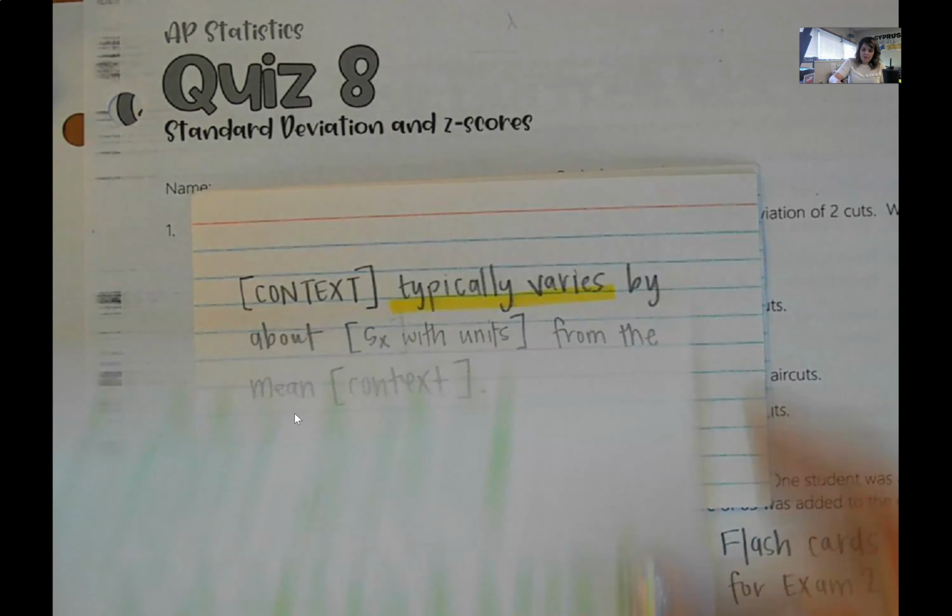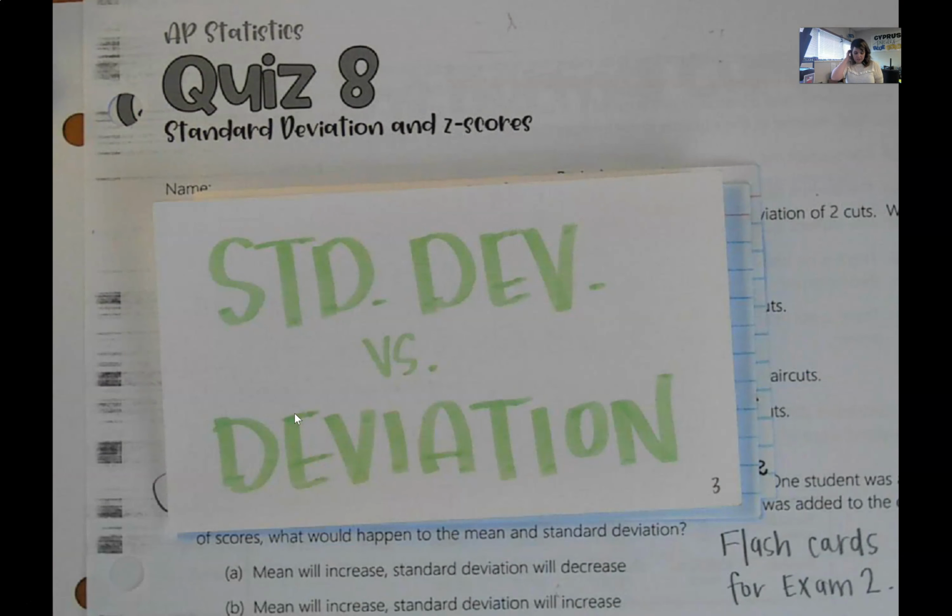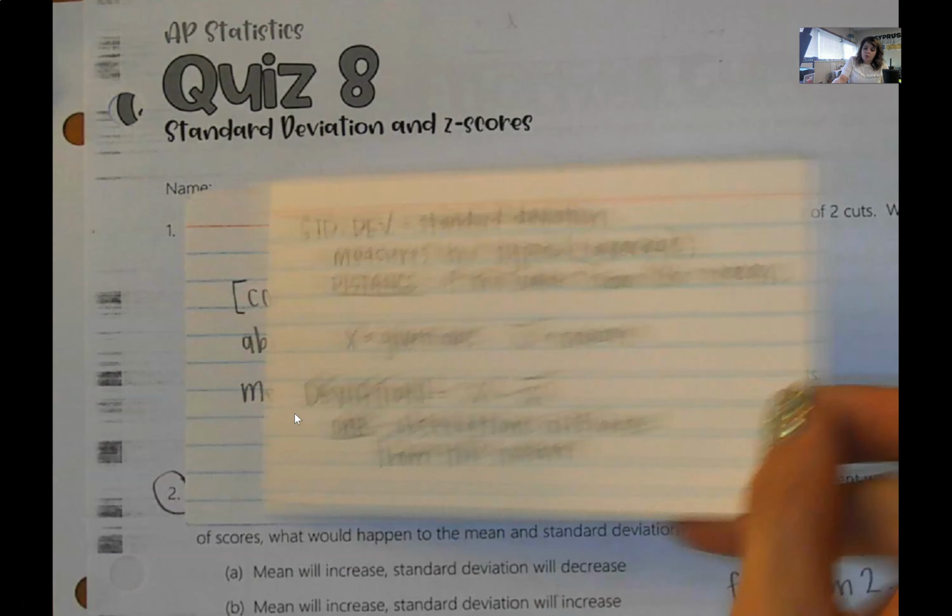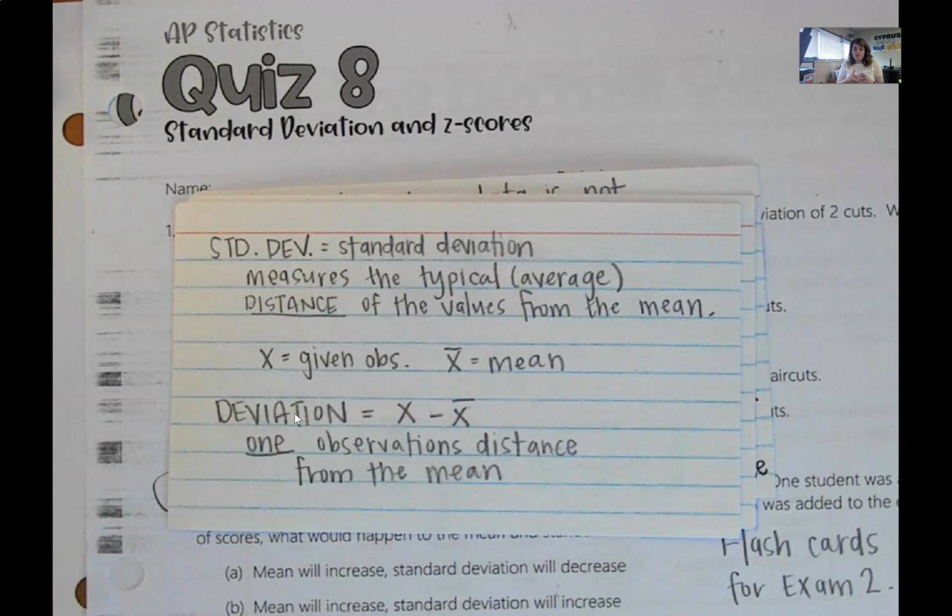And then the third flashcard, which is going to lead me into the first exam problem that I would like to talk about, is standard deviation versus deviation. Standard deviation tells you the typical distance from the mean for all data values.